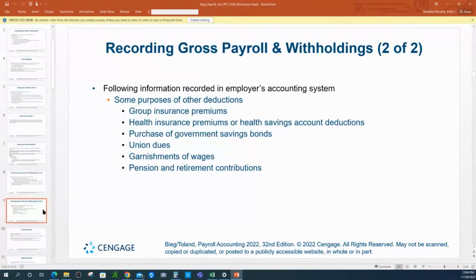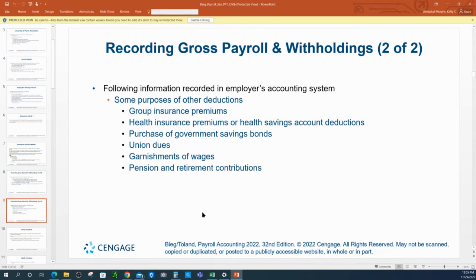Those are just the basic accounts. That's what I showed you, just including taxes, right? We didn't include any of those other pre-tax or post-tax types of deductions. There are various other types of deductions that the employee could choose.